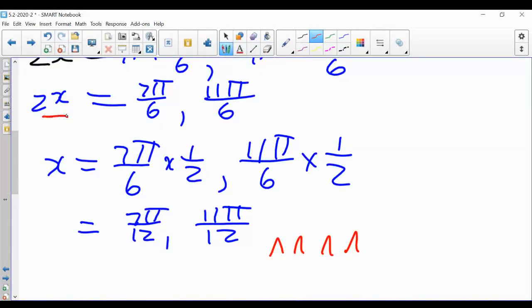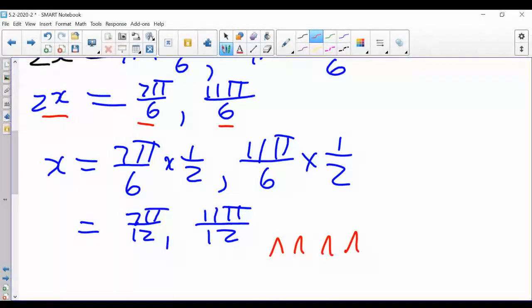When we got to this point, for us to get our answer, we divided by 2. So these answers that we got were really only half of all the answers you can possibly get. These are answers that are within our domain. Our domain goes from 0 to 2 pi, but because we chopped it in half to get our final answer, we're missing two other answers.